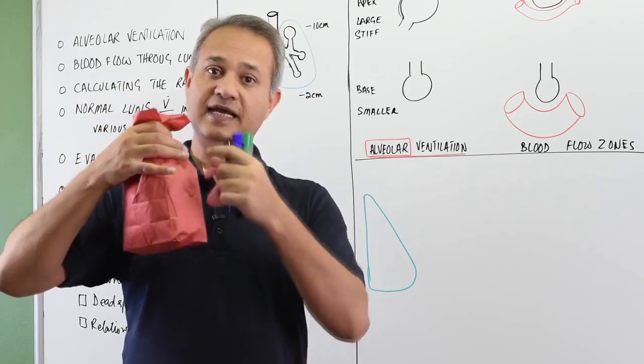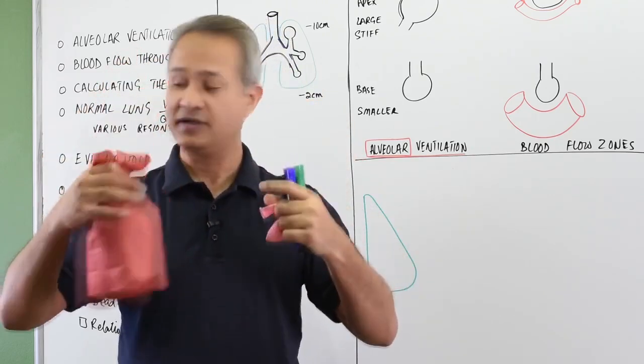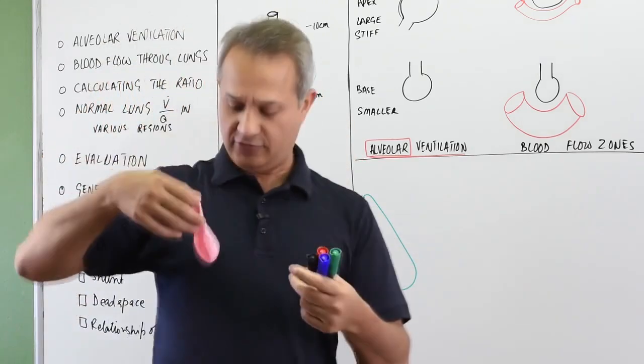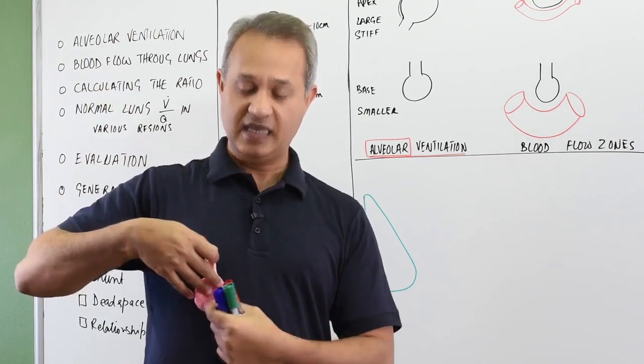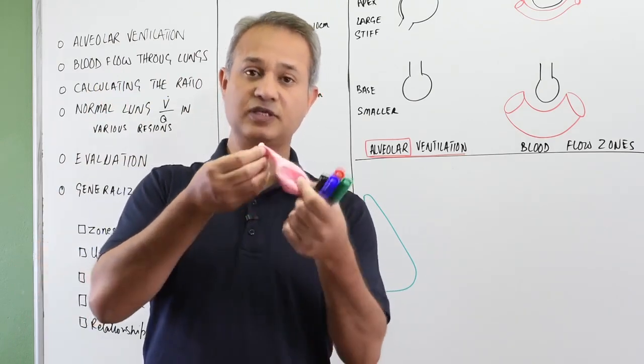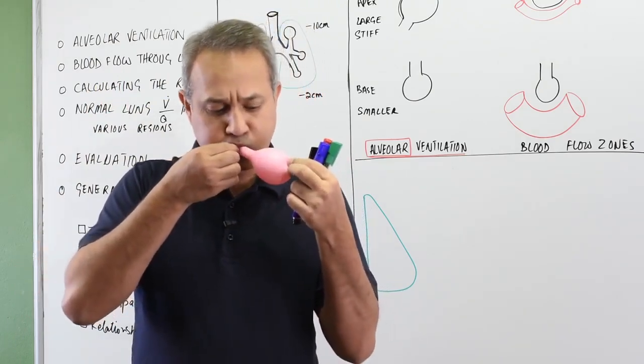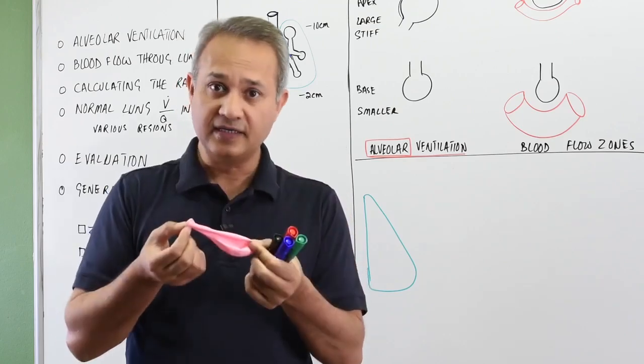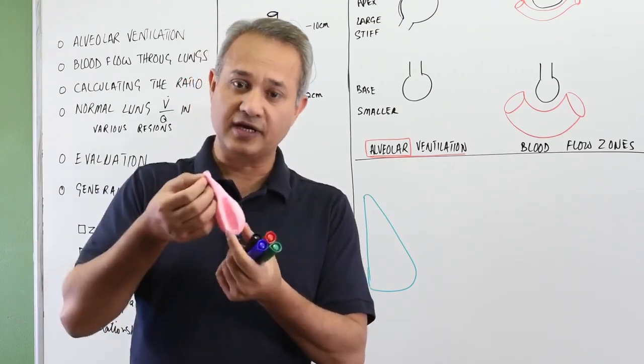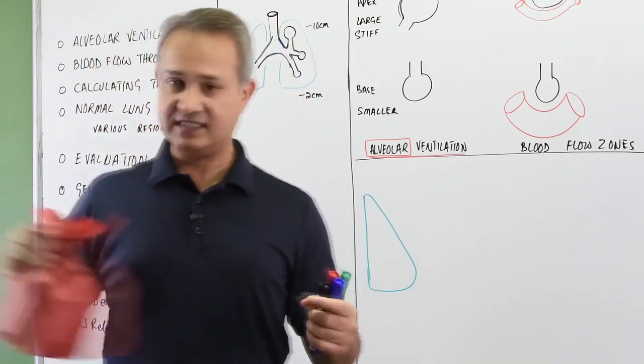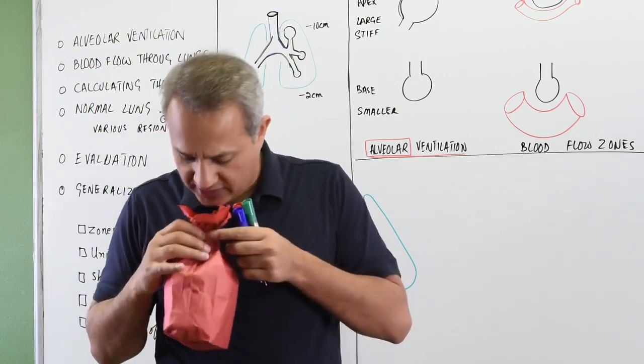It has to open up to receive the air. For example, this alveolus, if it is at the base of the lung, I have a lot of space to push the air in it. If this was also this big, then how much more air could I push?